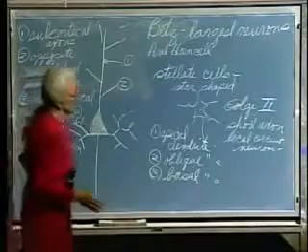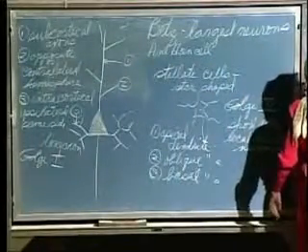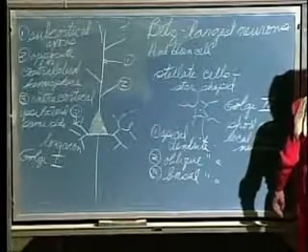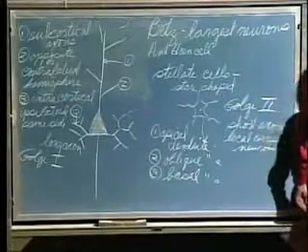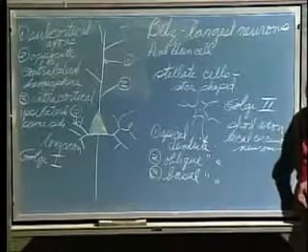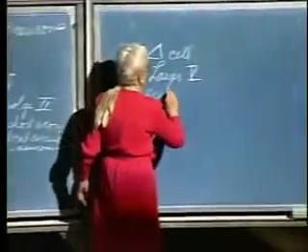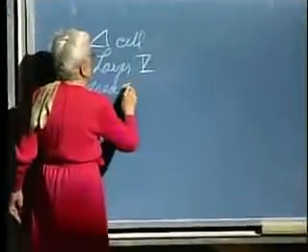Where do we find the Betz cell? It's a pyramidal cell in area 4, layer 5.